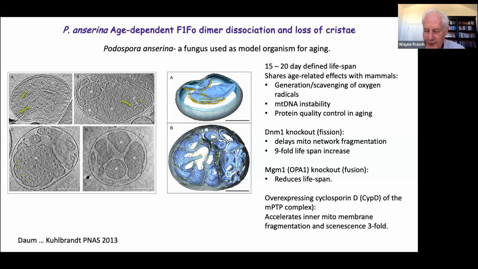And one further thing is that while the mitochondrial permeability transition pore complex has been thought to be strictly something that occurs in mammals, overexpressing cyclosporin D will actually affect this. And so it appears that this Podospora can in fact form an MPTP complex.